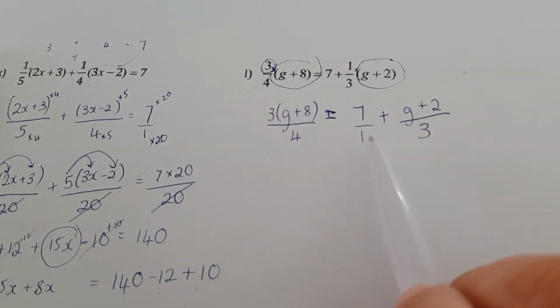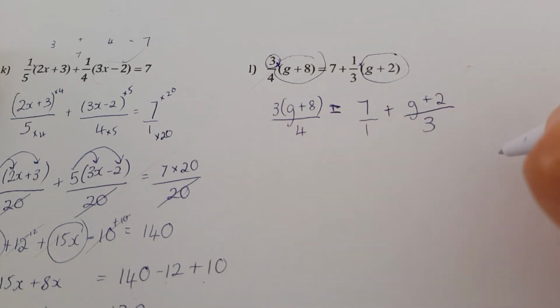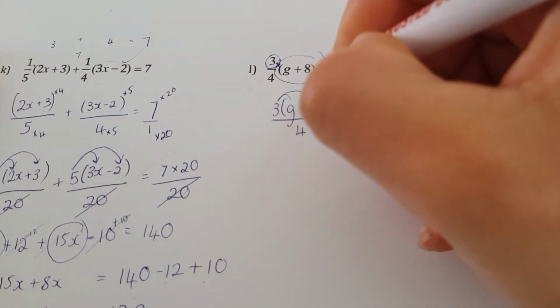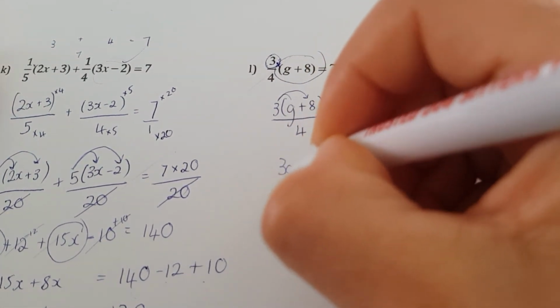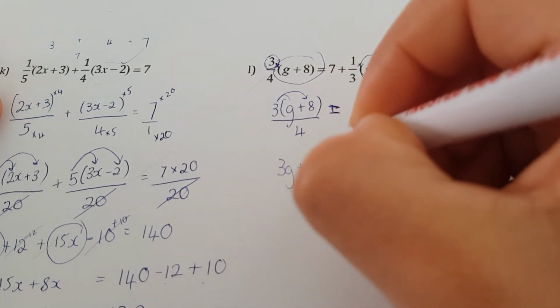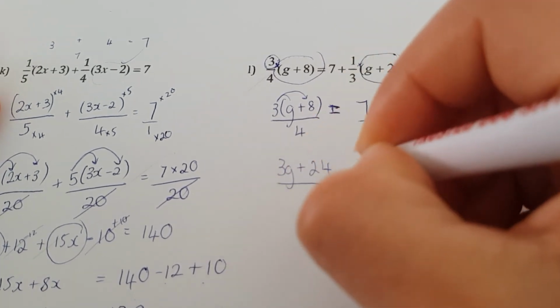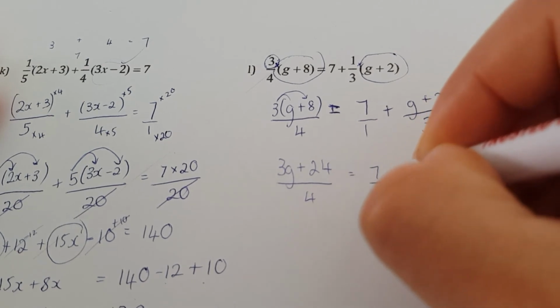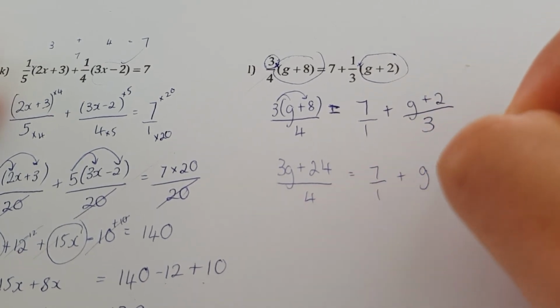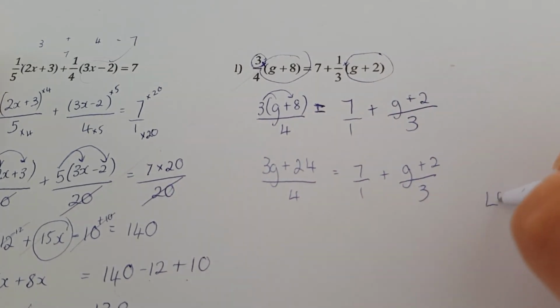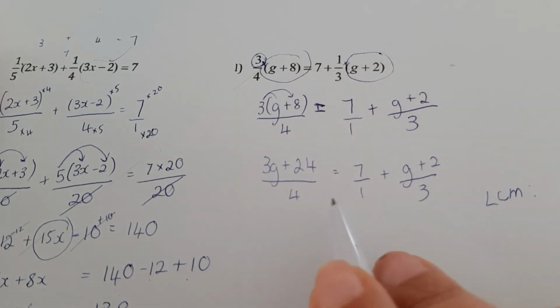So I have 1, 2, 3 fractions. And before you find the LCM, you can expand this one first: 3g plus 24. So once that is expanded, then you can find the LCM of 4, 1, and 3.